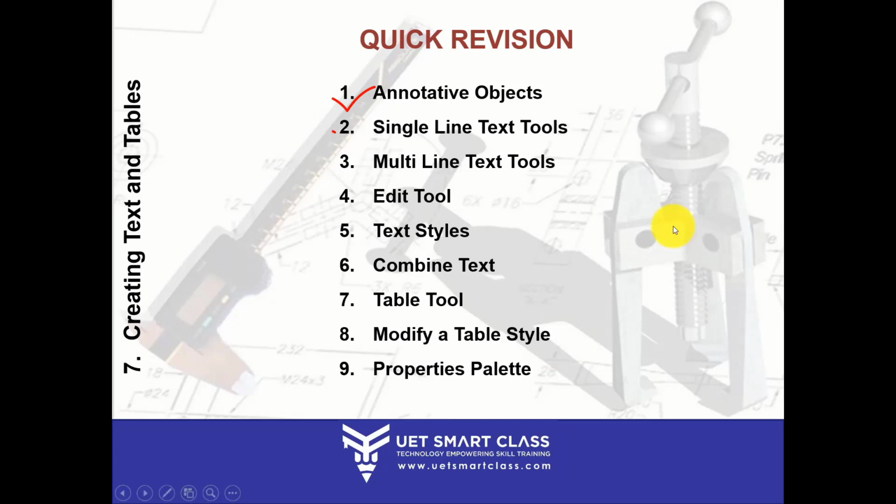In this module we learned about text, that is single line text and multi-line text. I went through all the different tools included in multi-line text and single line text, majorly justifications, different styles, fonts, and text sizes. You can insert different fields and symbols.